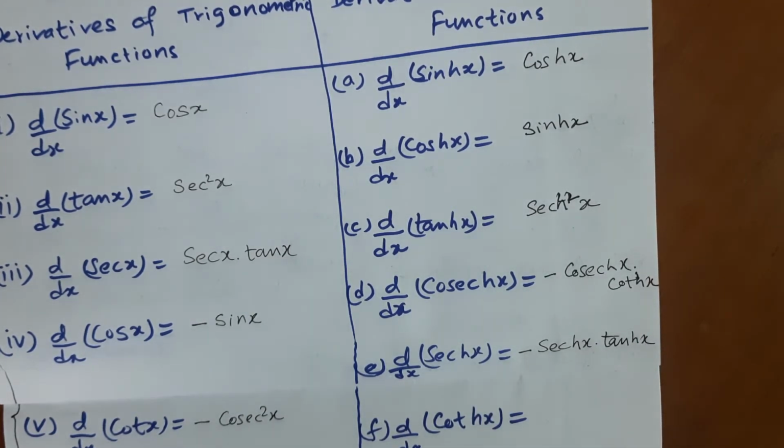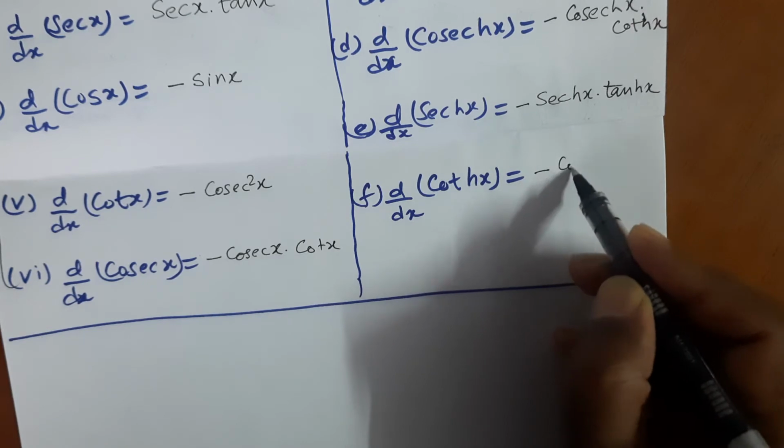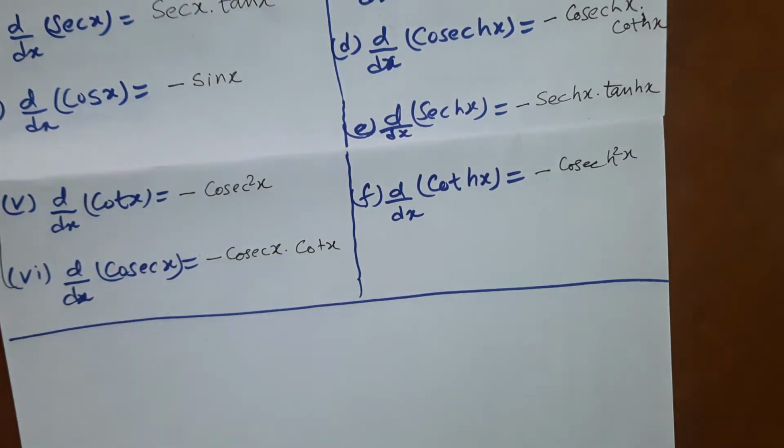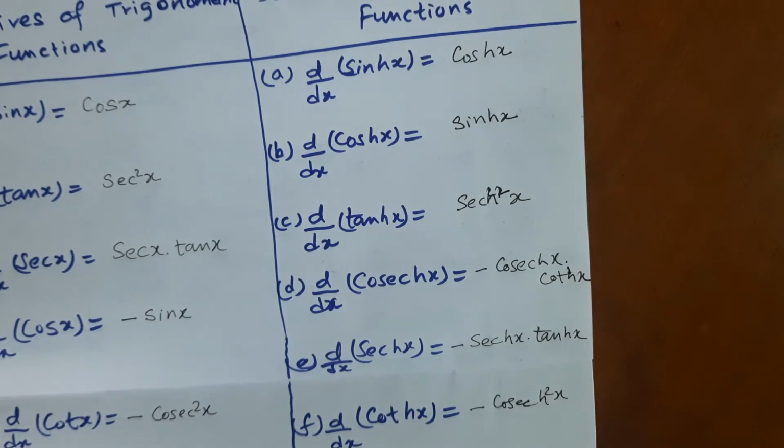And the derivative of cot hyperbolic x is minus cosec hyperbolic square x. Okay, so now let's look at the technique to remember the signs of the derivatives of hyperbolic functions.